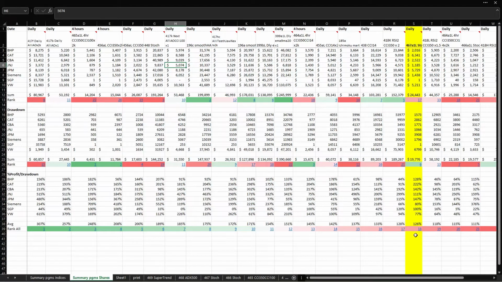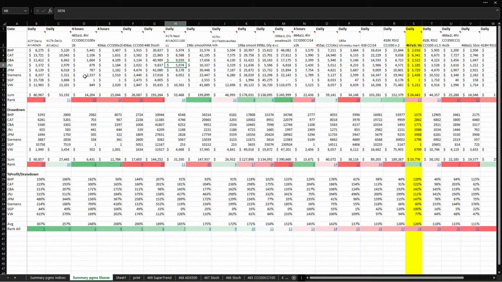So not our best result, but a couple of things to keep in mind. You'll notice it's not necessarily the highest profitability or the 18th ranked profitability. It actually ranked as 17th in terms of profitability. And just something to keep in mind as well is we use the profit over drawdown percentages as a ranking, not the revenue, because what we want to do is measure the revenue against the risk.